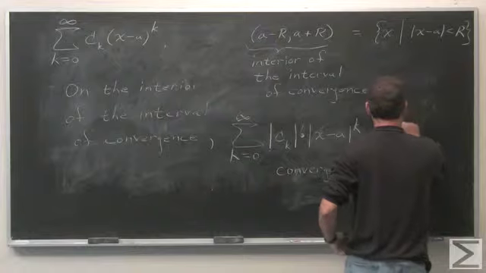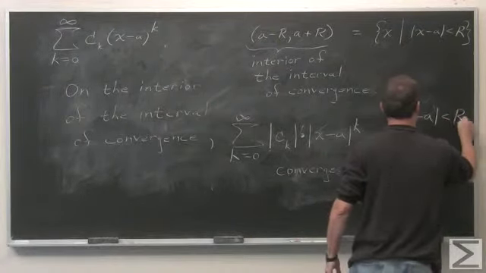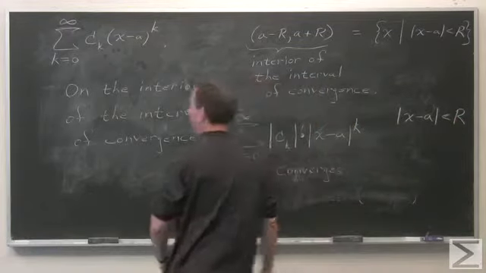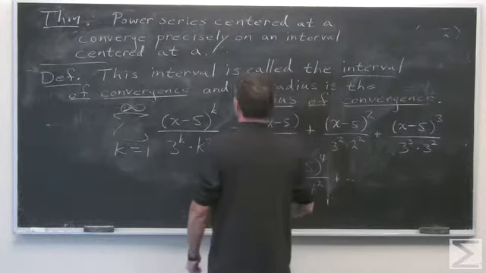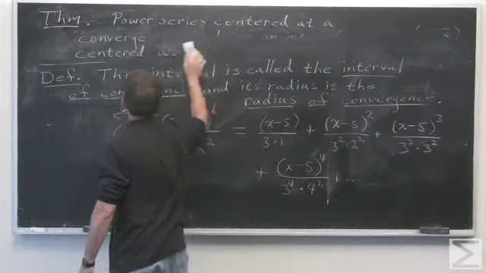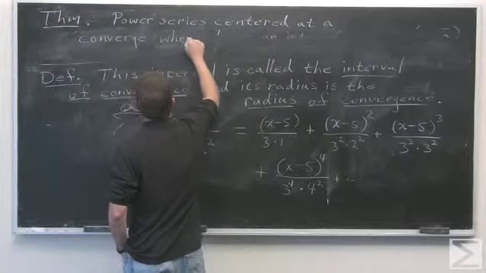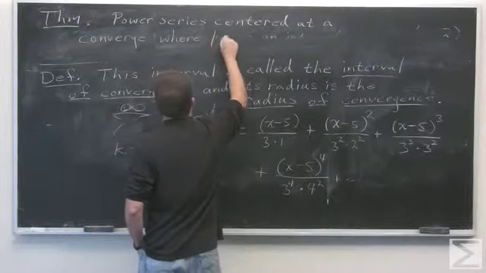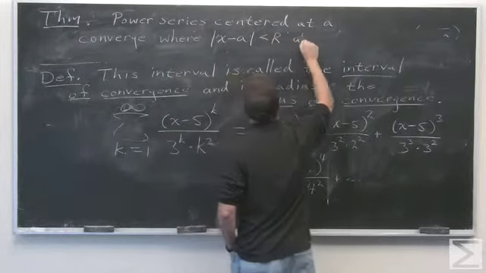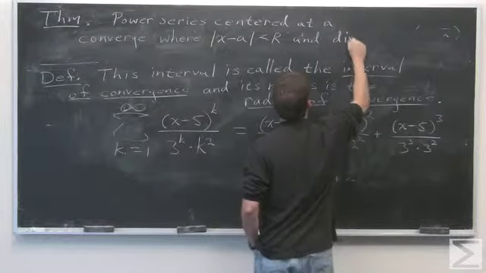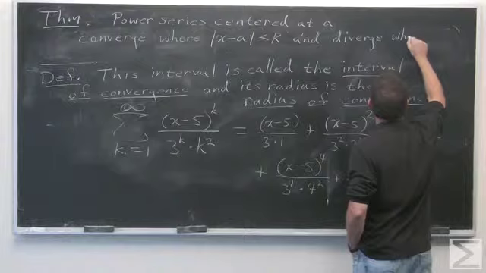So another thing that we're saying is, power series centered at a, in fact I should write it that way, power series centered at a converge where the absolute value of x minus a is less than r, and diverge where the absolute value of x minus a is greater than r.